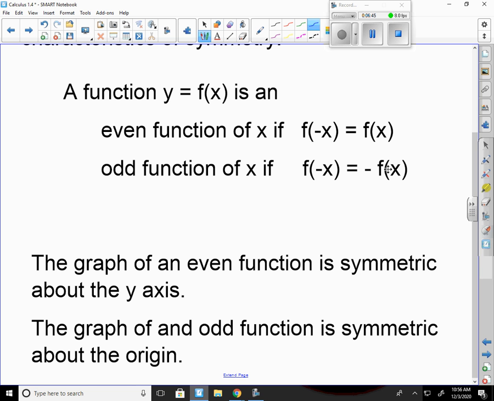Then the graph of an even function is symmetric about the y-axis, and the graph of an odd function is symmetric about the origin. And we'll look at exactly what this means here in a second.